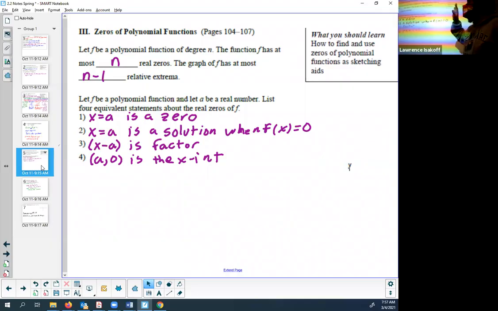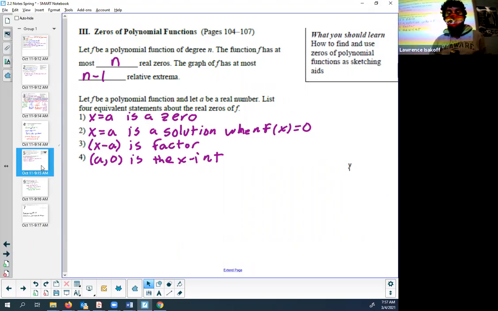So let f be a polynomial of degree n. That means it has at most n real zeros. So if I have something to the 5th power, I can have up to 5 zeros where it crosses the x-axis. If it was to the 20th power, I could create a graph that crosses the x-axis up to 20 times.